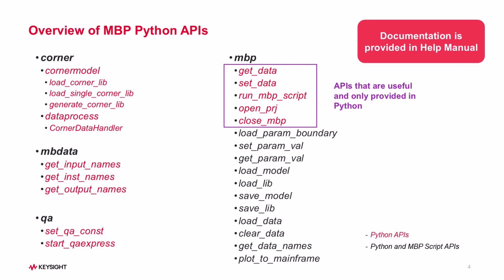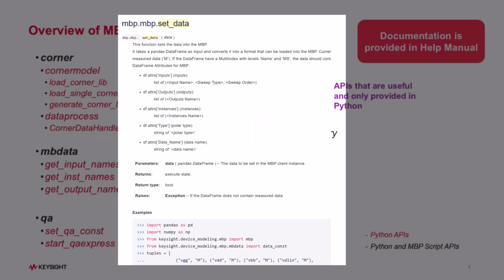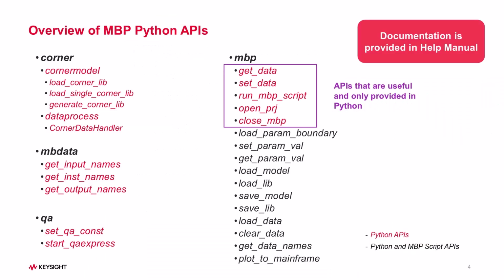In addition, the related documentation can be found in the MBP Help menu, where you can explore more details about the available APIs, such as the type of input information that should be used with these APIs, return type, examples, and more. Please note that the APIs highlighted in black can be utilized in both the Python editor and MBP script. In contrast, the APIs marked in red are exclusively available in the Python editor.